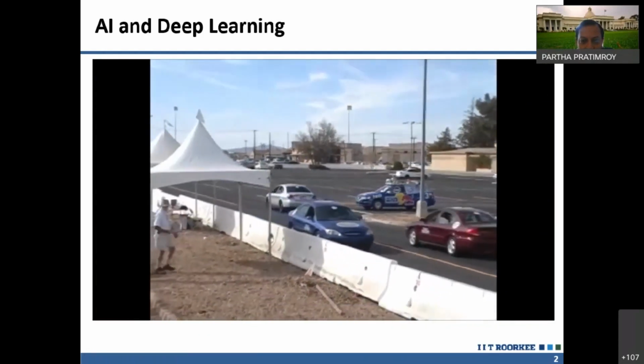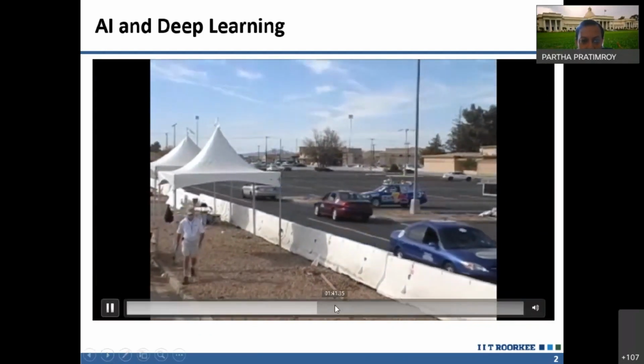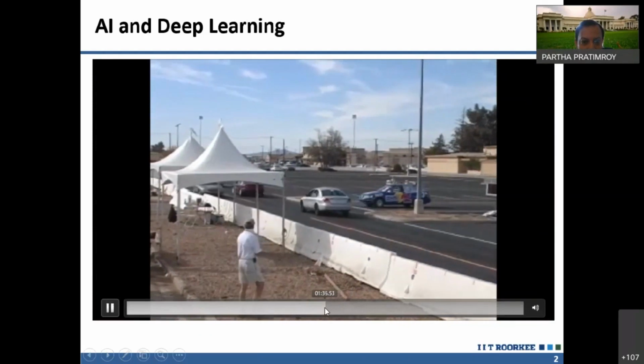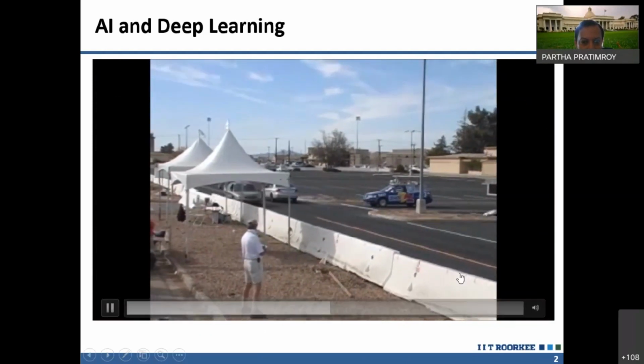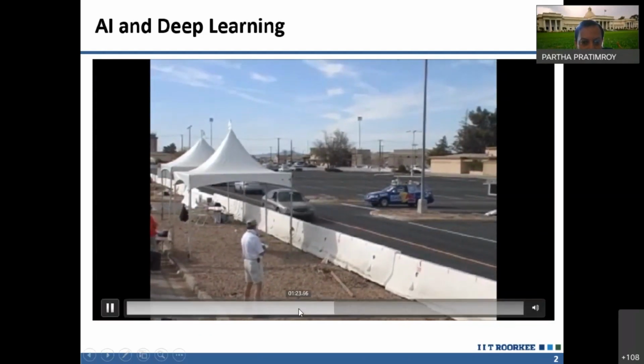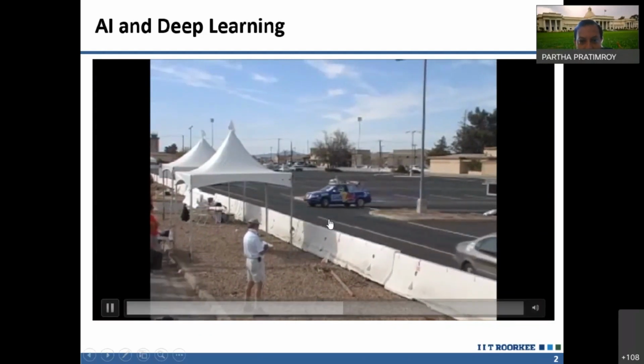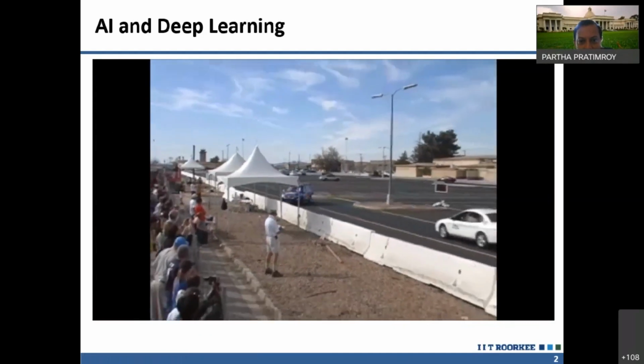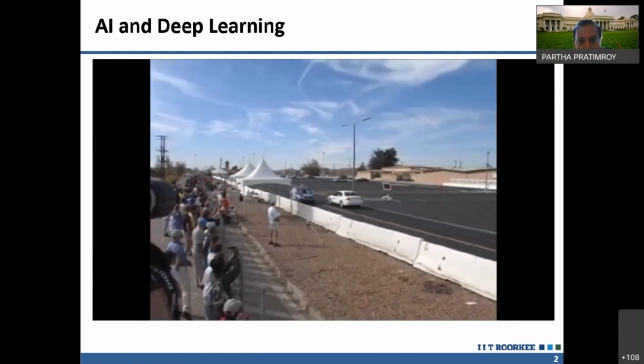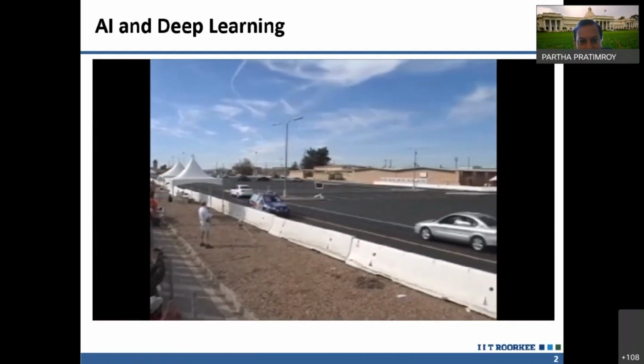A problem like autonomous driving is a big problem, with several small sub-problems.